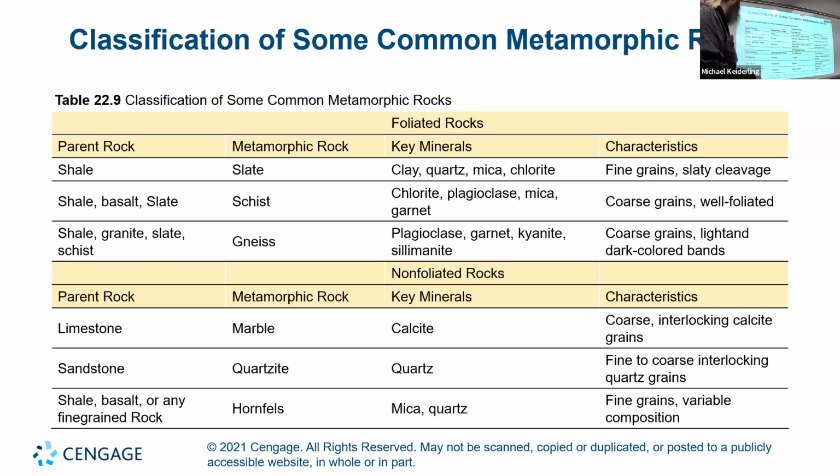And then shale, basalt, or any other fine grade rock can turn into hornfels, which tends to have mica and quartz in it and has fine grains and variable composition. Are there any hornfels in here?